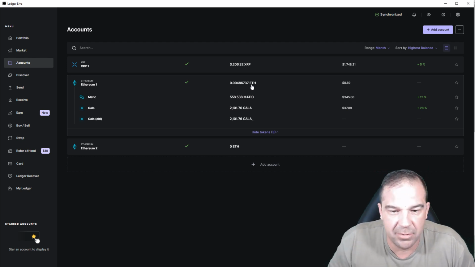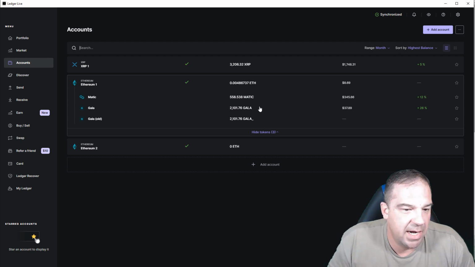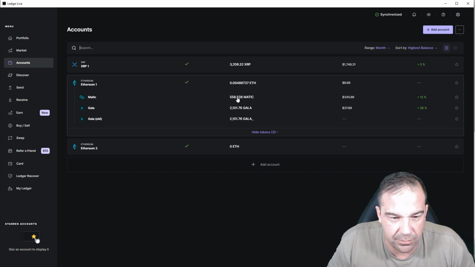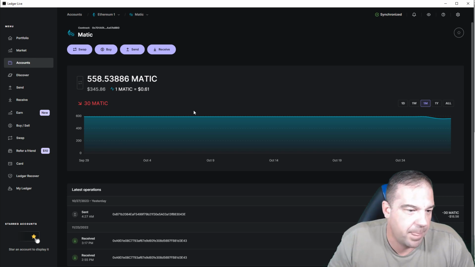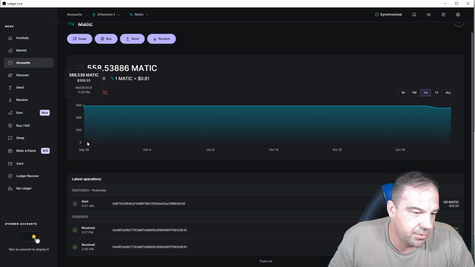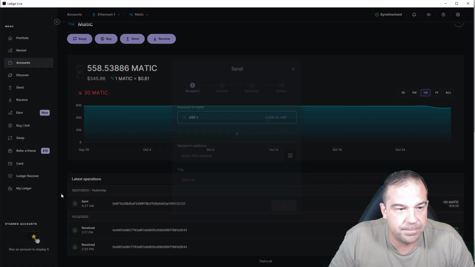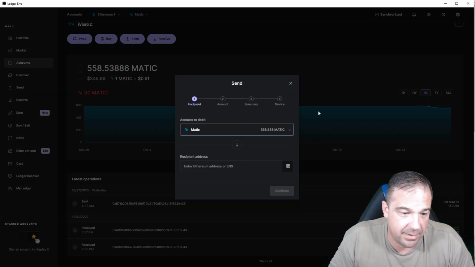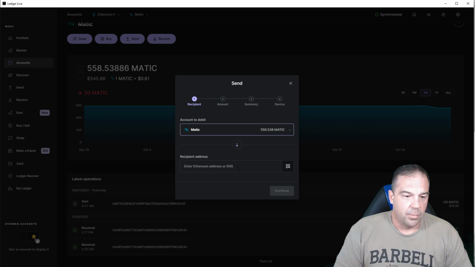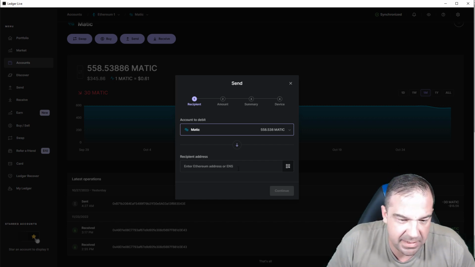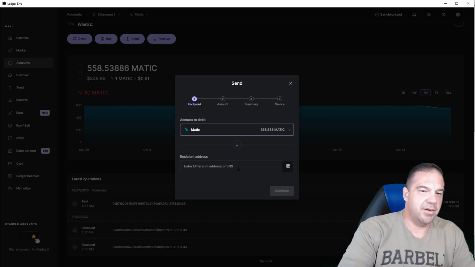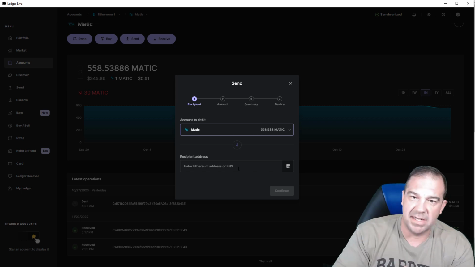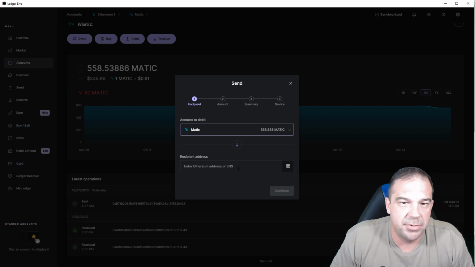So basically we have a little bit of ETH to pay for gas fees, and say I want to move all of this Matic, right? So what you do is you come down here to send, and we want to send Matic. Now, when you come in here to the recipient address, because I know that I'm in an ETH thing, it's the ETH network, that's the only thing that's going to do it.